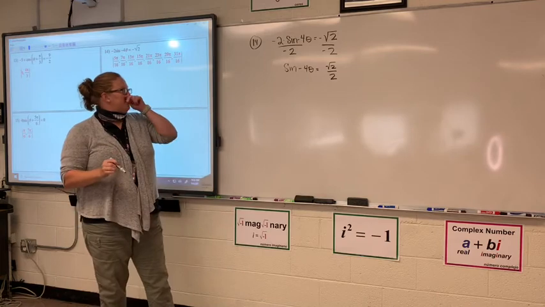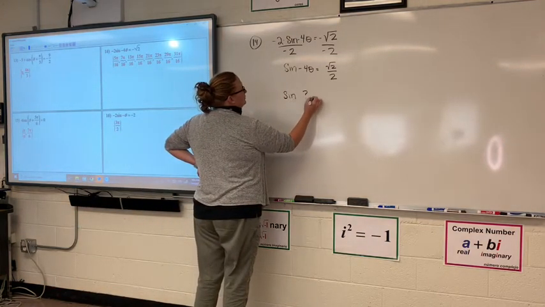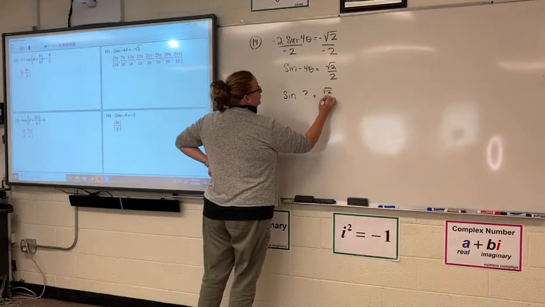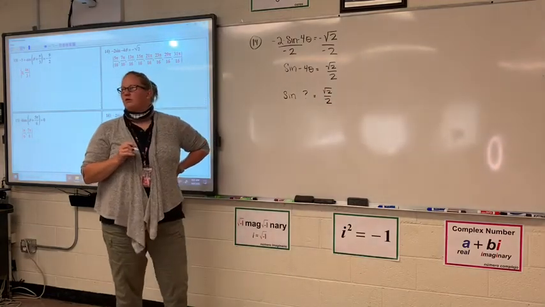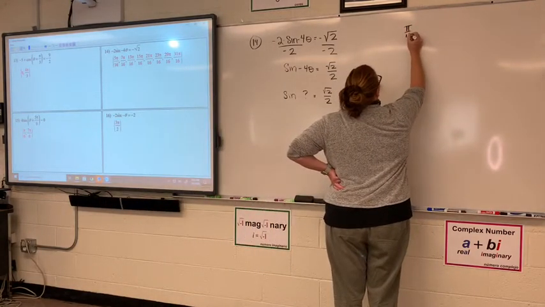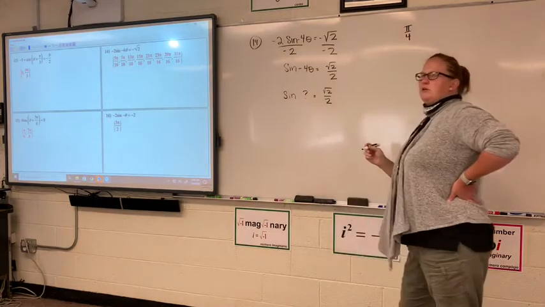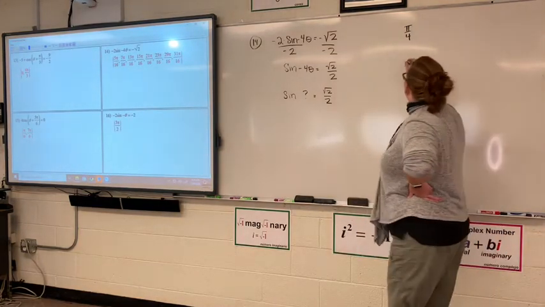Okay, so sine of what, basically, when we're dealing with radians, is square root of 2 over 2? So yeah, your first quadrant is pi over 4. And then what, second quadrant is positive? So what is that? 3 pi over 4.